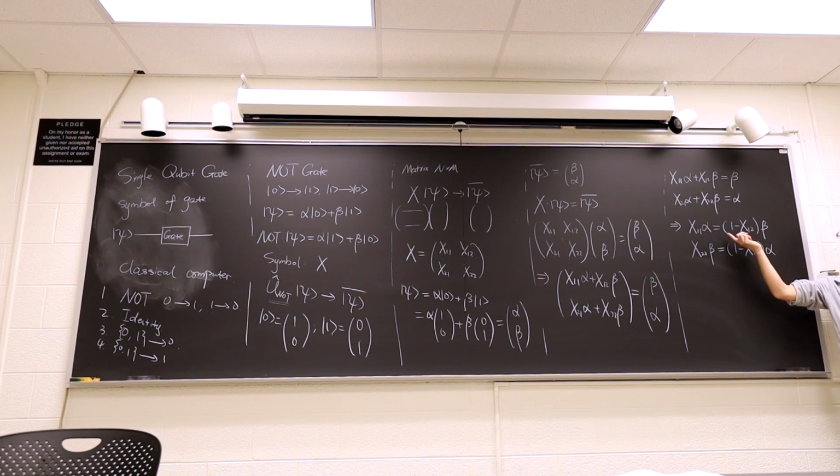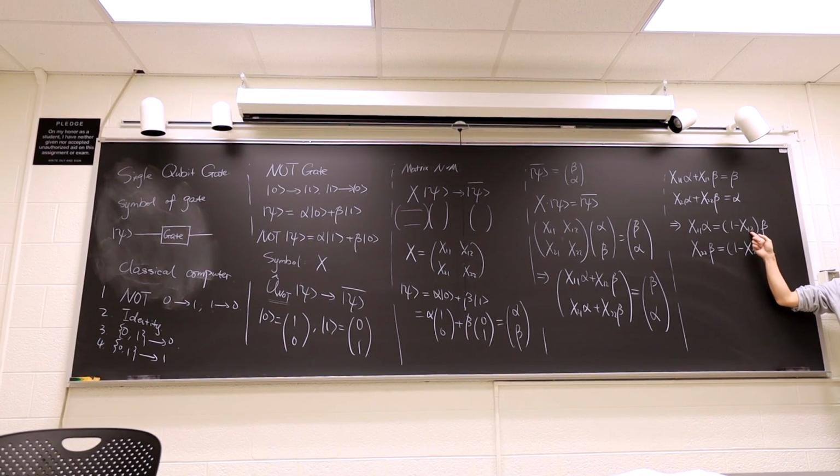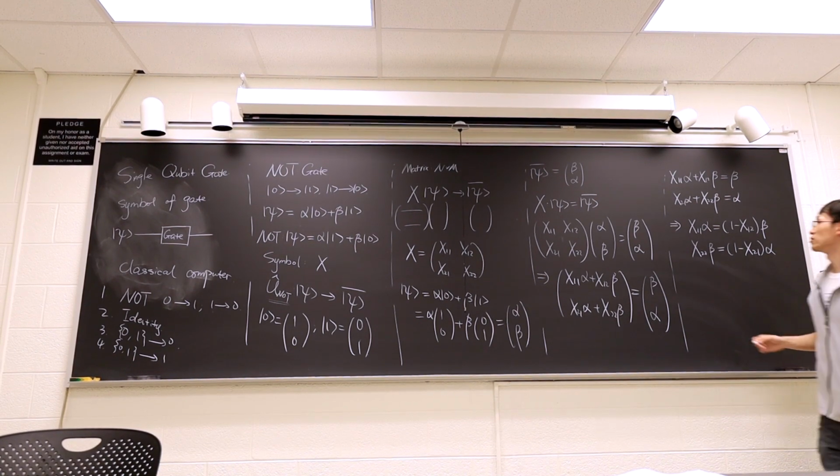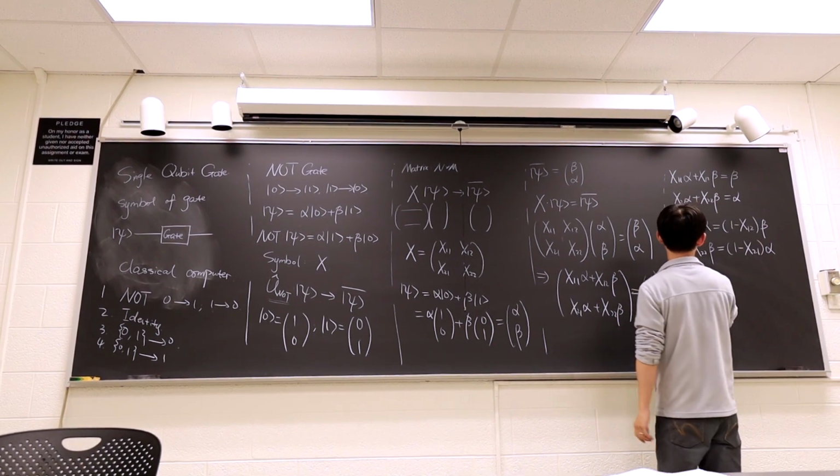Then how can this equation's left side equal the right side? Left side you have something related to alpha, right side you have something related to beta. How can you satisfy this equation? Yes? x11 would have to be 0 and x12 would have to make the right side 0, so that would be 1. Yeah, exactly.